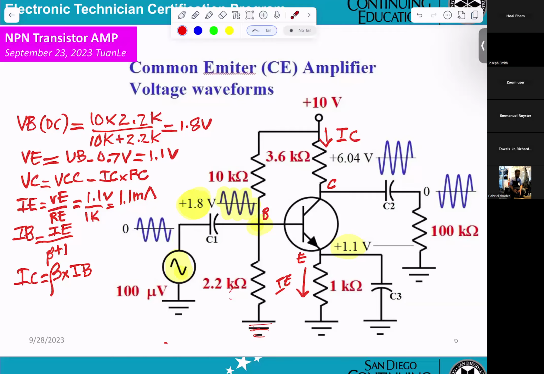So when you measure at the base, your scope must be set to AC coupling, so it ignores 1.8 volt DC. That's why you can see the sine wave. Okay, if you have any question, just bring it up.